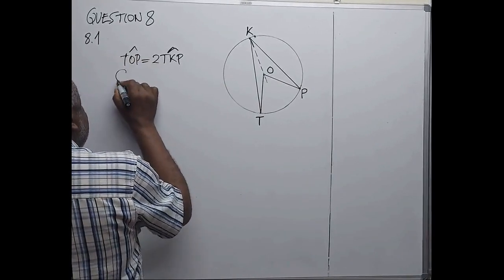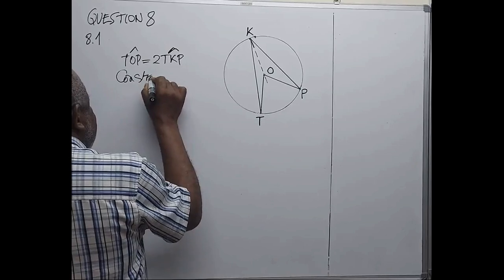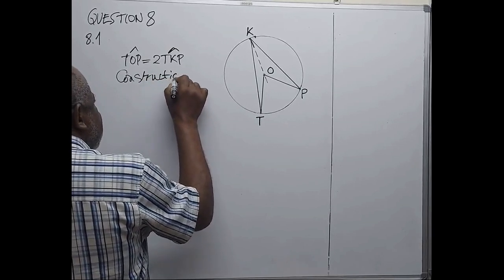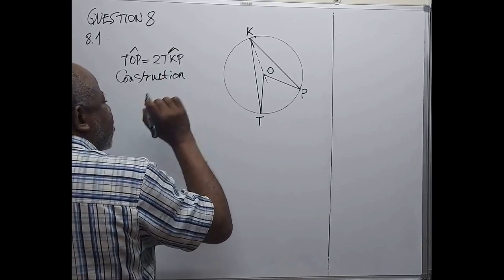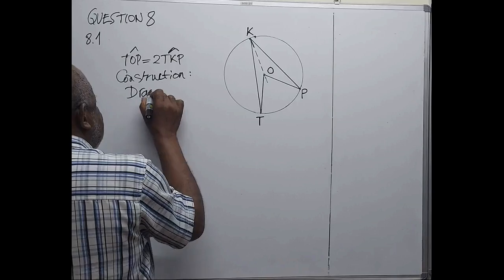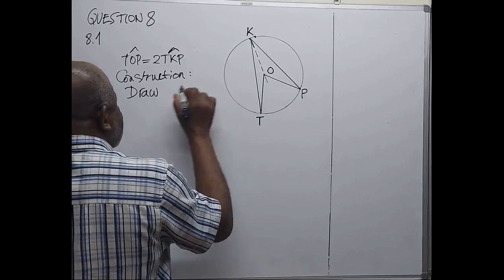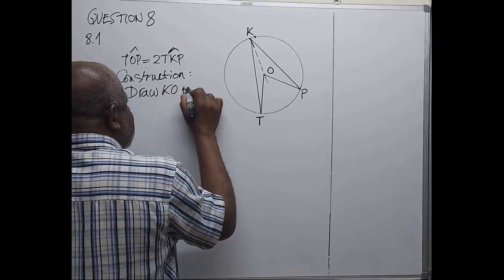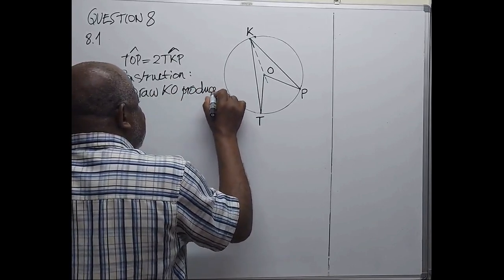I'm going to write here: construction, draw KO produced.